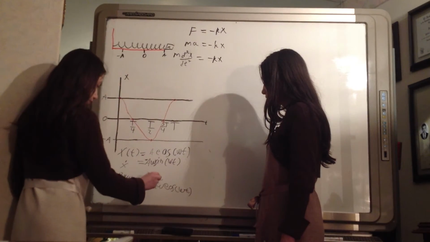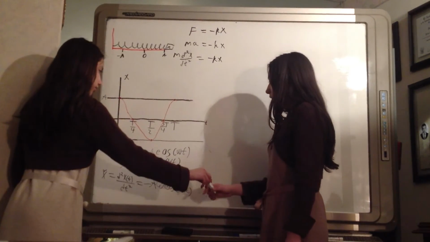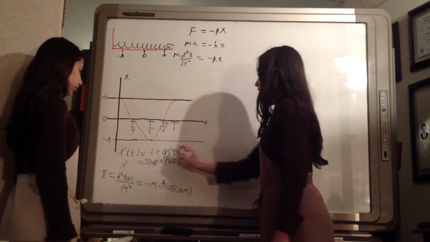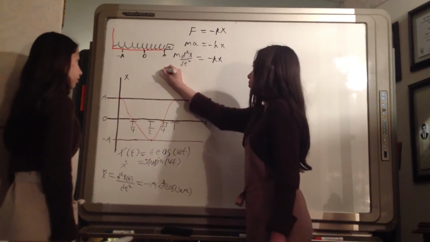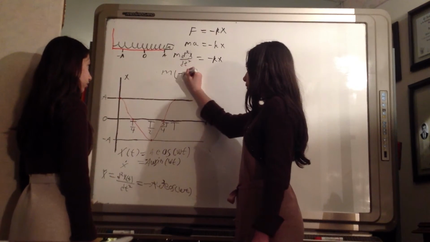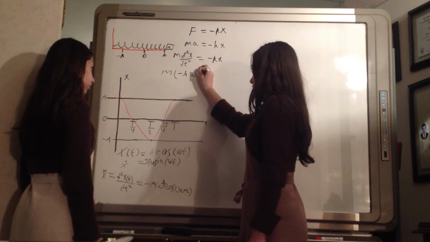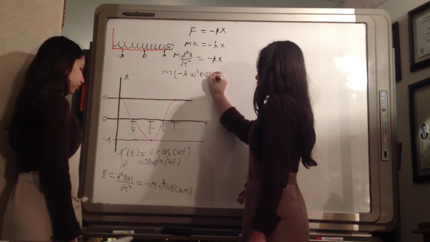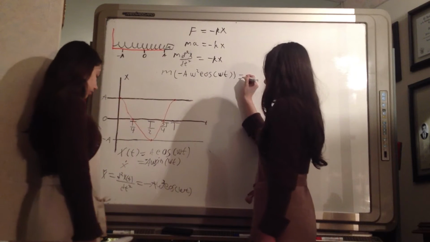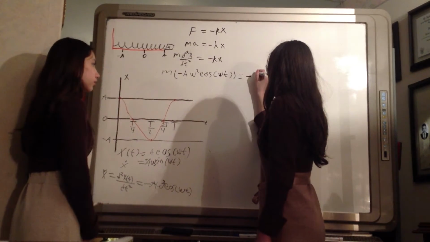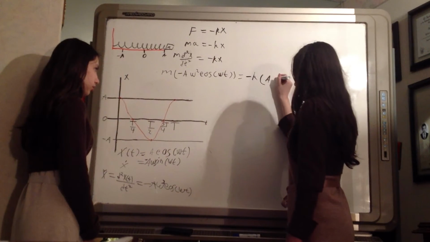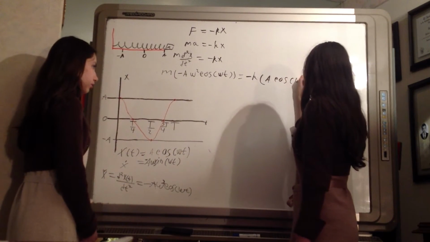times the derivative of this, which is omega. And so we plug this here and this here, and so the mass times minus the amplitude times omega squared times the cosine of omega t is equal to minus the constant of the spring times the amplitude times the cosine of omega t.